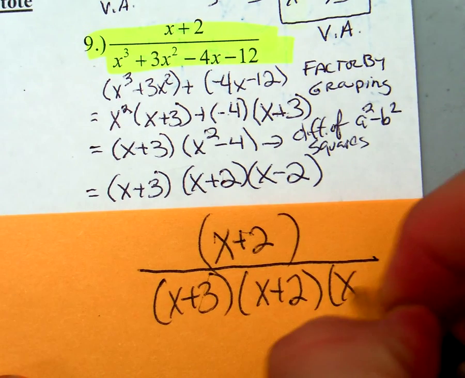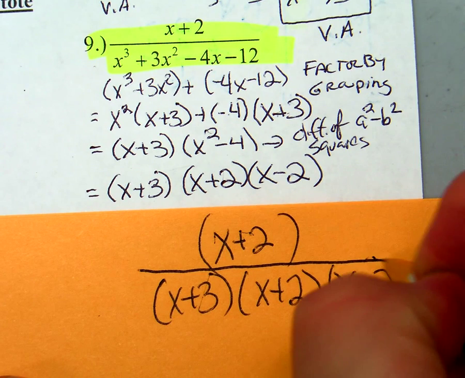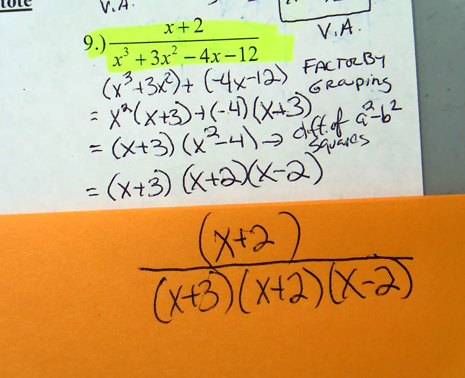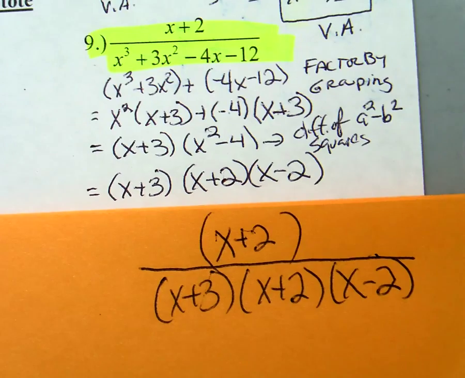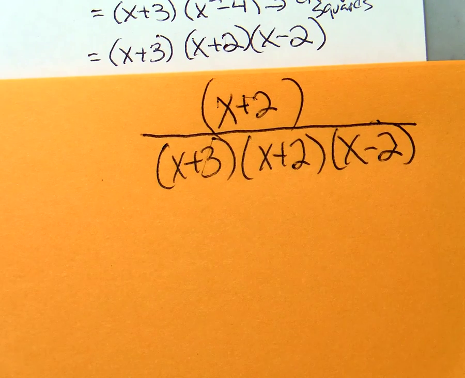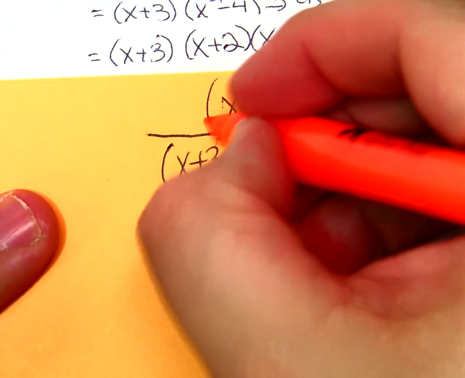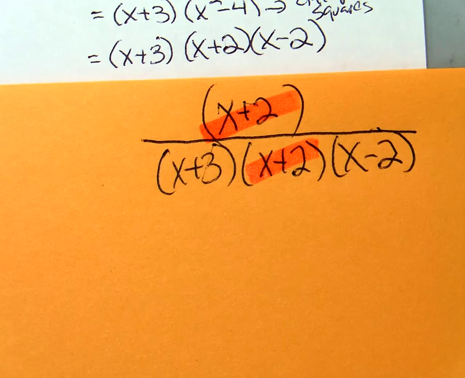Yeah, the x plus 2 can get divided out. So let me kind of move this up now. I can divide those two out. So if I can divide it out, is it a hole or is it an asymptote? It's going to be a hole. So I know this guy's a hole.